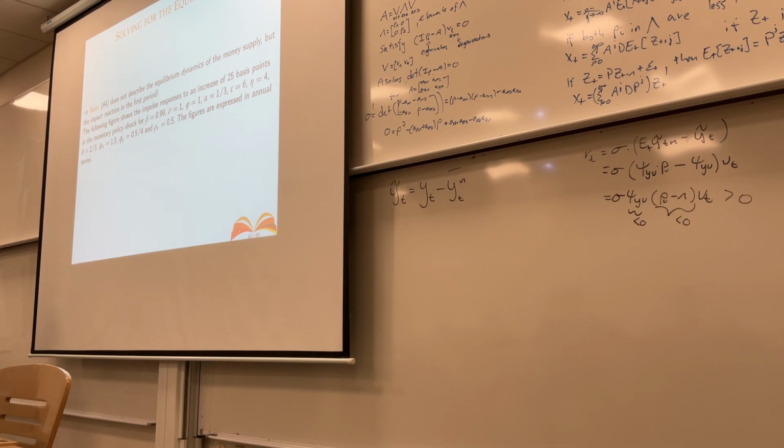We have the semi-elasticity of money demand. We have log preferences. We have alpha equal to 1/3, so the capital share of income is about 1/3, and labor share of income is 2/3.